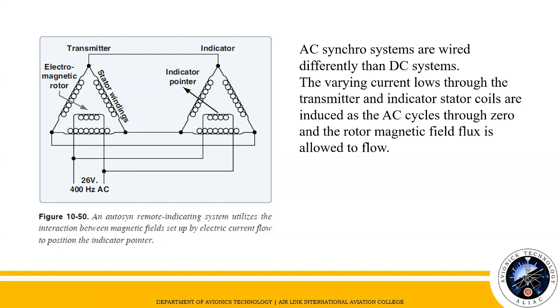So, the important characteristic of synchro system is maintained by both the autosyn and magnesyn systems. So, the position of the transmitter rotor is mirrored by the rotor in the indicator. So, these systems are used in many of the same applications as the DC systems.